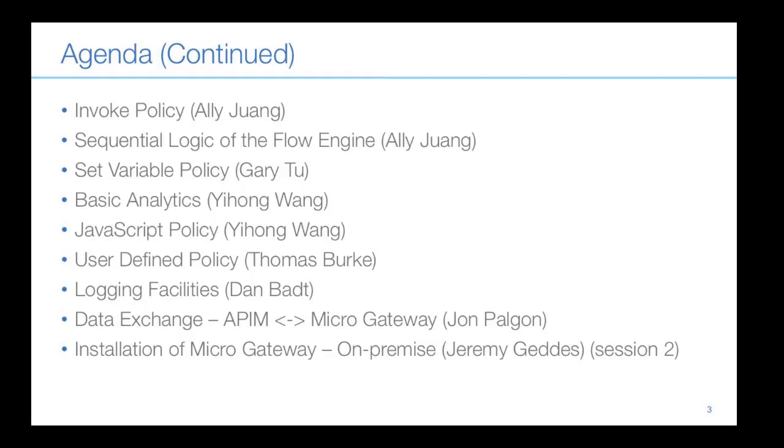And Dan Bott will then again take us through logging and what is available there. And last but not least, I believe John Palgon will be presenting the data exchange between API management and the micro gateway. And the last session, on-premise installation, Jeremy Geddes will not be presenting in this section. Again, we'll hold that off for a second session.